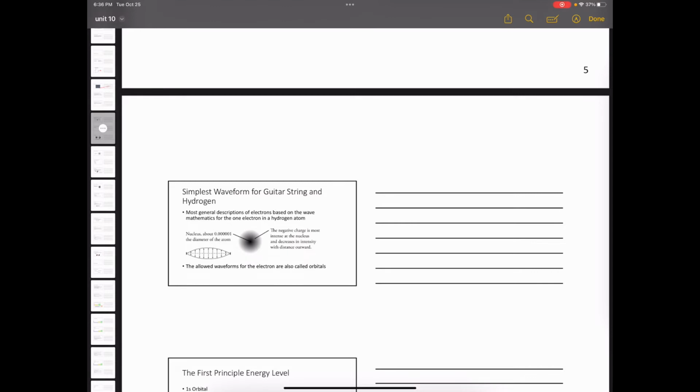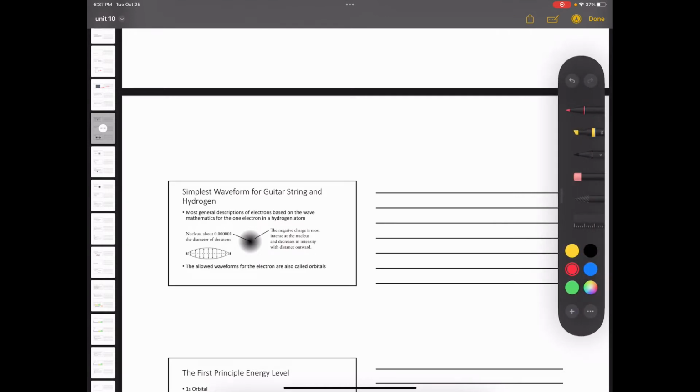Okay, so in general, the description of the electron is based on the wave mathematics for the one electron in the hydrogen atom. All the waveforms and everything we have been talking about is based on mathematical calculations coming from the electron in the hydrogen atom, to be more specific. The negative charge is most intense, as you see here, and I know this picture is not new to you because we looked at something like it when we were talking about chemical bonding.